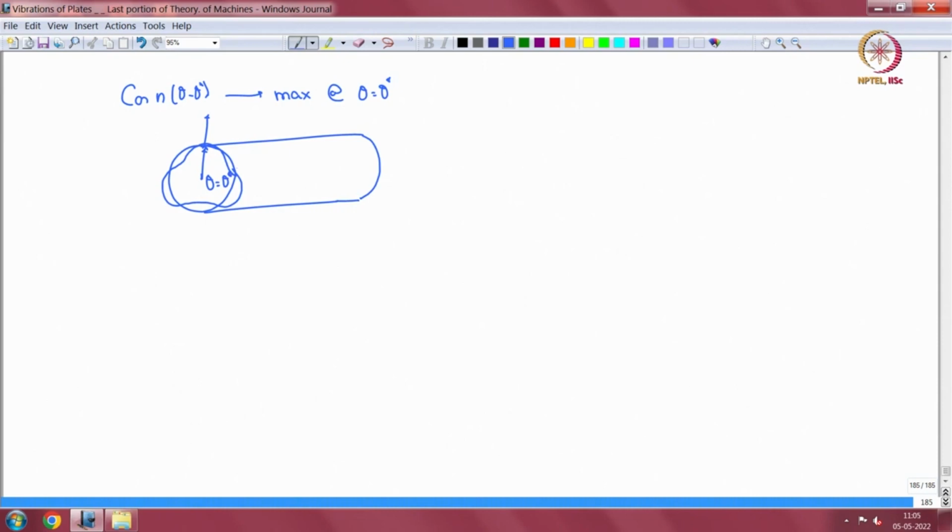The mode rotates, otherwise there is no location for an angular mode. This cos n theta and sin n theta can be oriented in any manner, but now that the force is at theta equal to theta star, the mode gets aligned to that forcing angle. That is what it means.